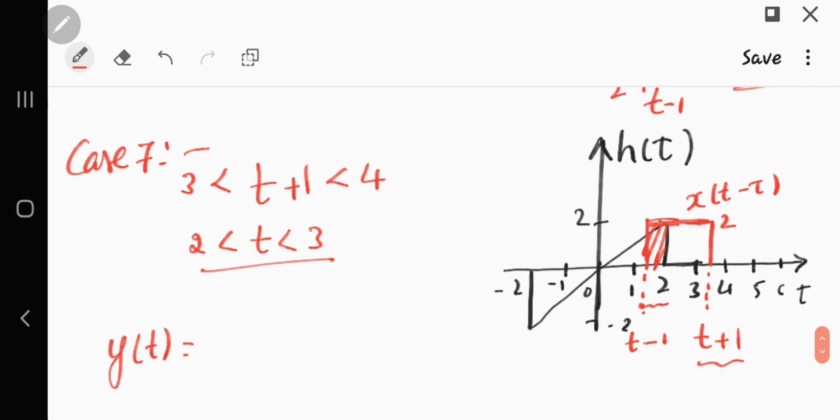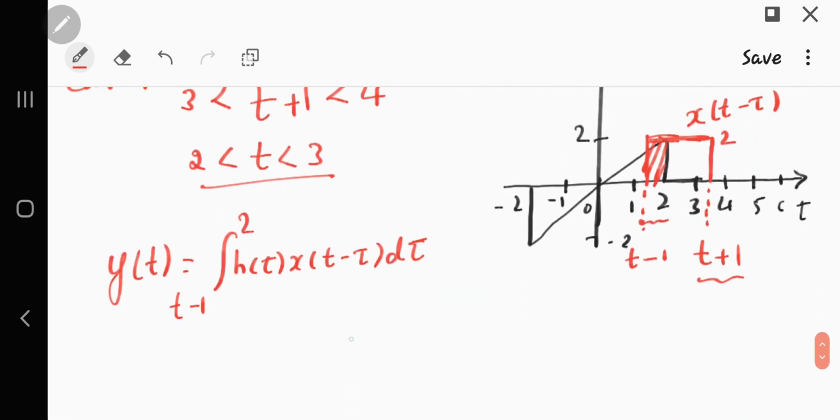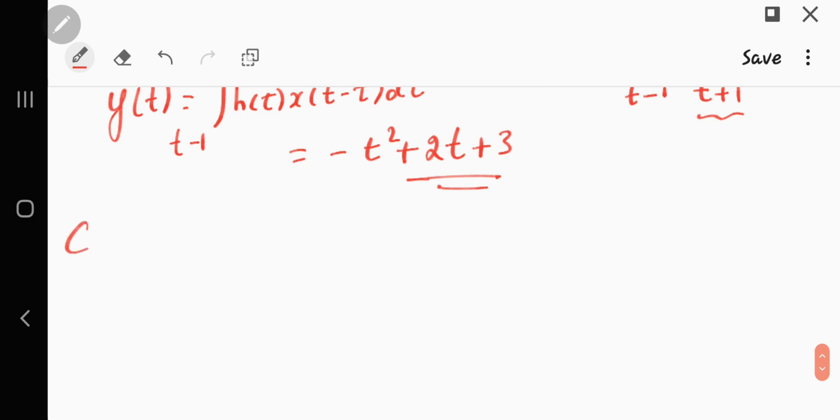Y of t is equal to the integral of t minus 1 to 2, h of tau x of t minus tau d tau. So substitute the value. This is the same as the previous, same limit t minus 1 to 2. Again you will end up with minus t square plus 2t plus 3. Okay. Now I think this may be the last case.